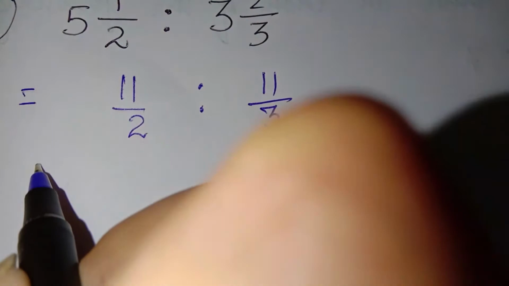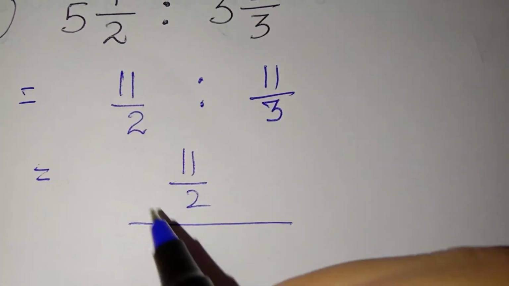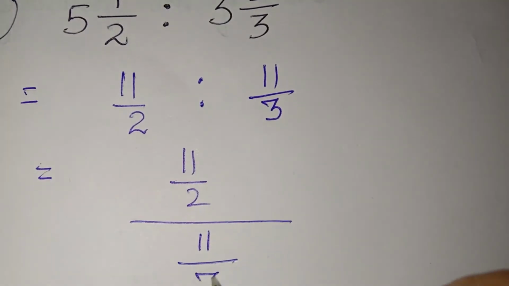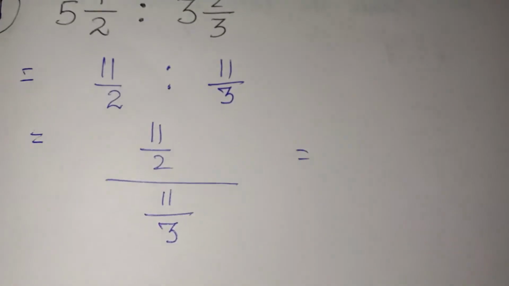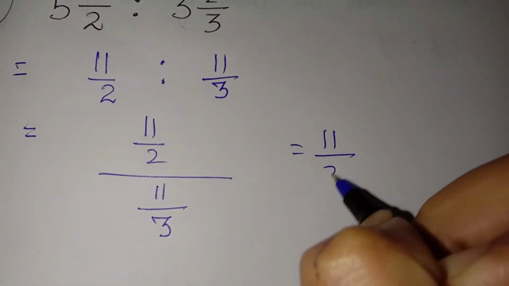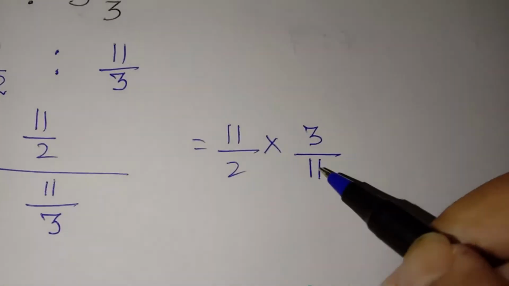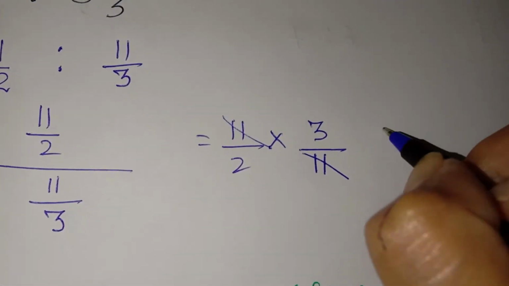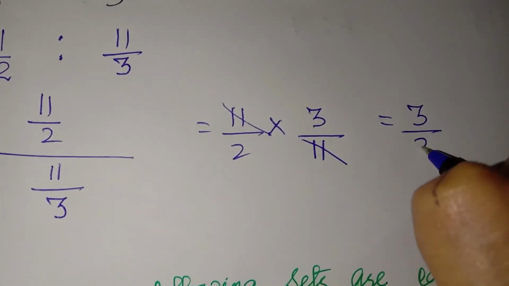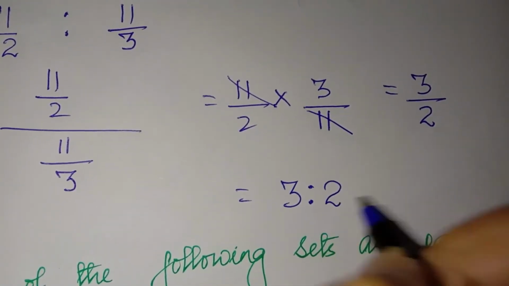So now this ratio we have to write in fraction. 11 by 2 whole divided by 11 by 3 is equal to, now this lower fraction will become reciprocal when we write our multiplication sign. 3 divided by 11. 11 11 cancel. So 3 by 2. Answer is 3 is to 2.